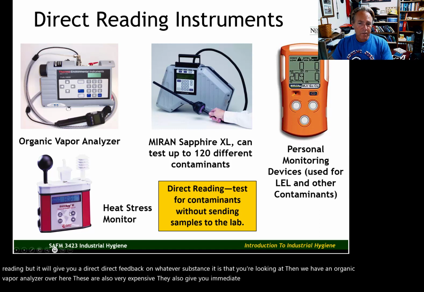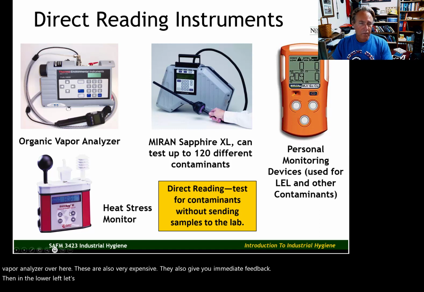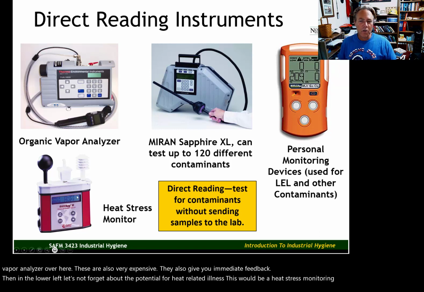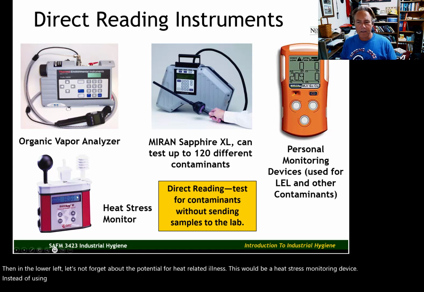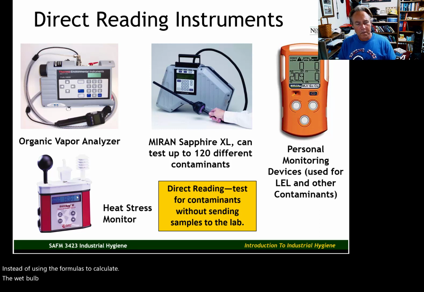Then in the lower left, let's not forget about the potential for heat-related illness. This would be a heat stress monitoring device. Instead of using the formulas to calculate the wet bulb globe temperature in the workplace, this device will do it for us, and it will provide us with a lot of other information as well.